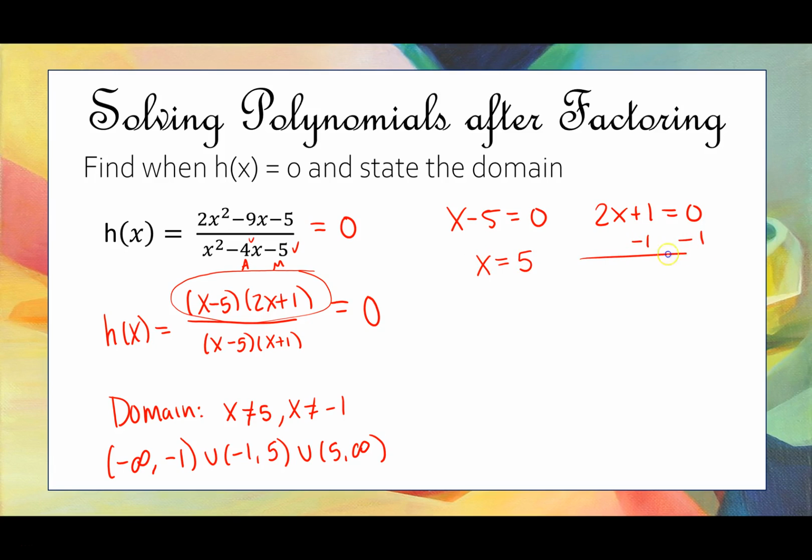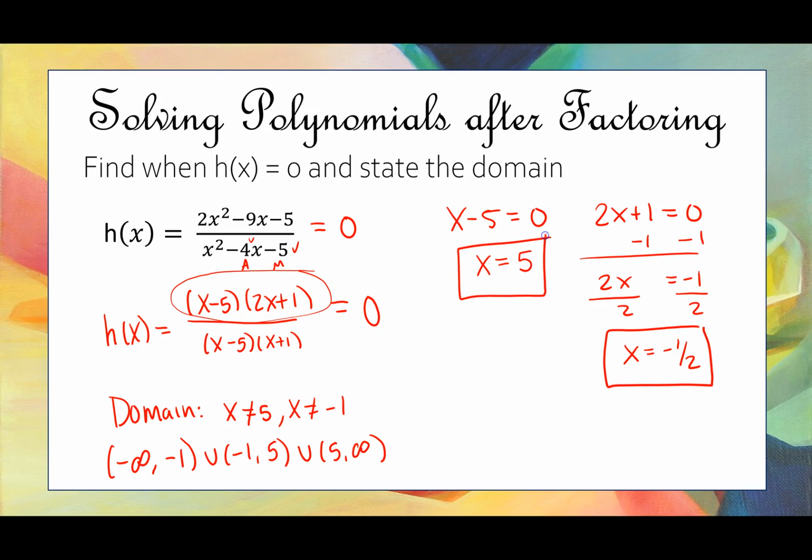Solving this one, I get x equals negative 1/2. Now we have to check that both of these answers are in our domain. Unfortunately, we have that we cannot have 5. So it's kind of like an imposter. We cannot have this as an answer. However, our negative 1/2 is totally fine, so that is a solution.